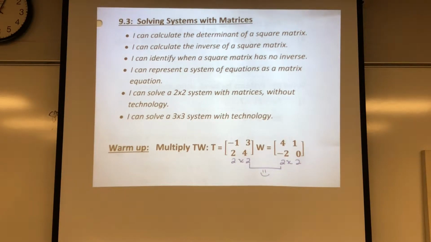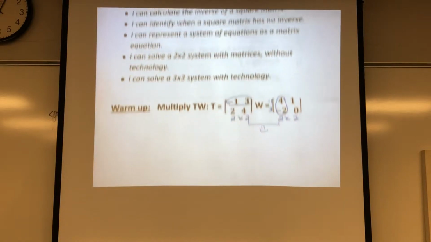you can. So we're going to take the first row times the first column in order to be able to multiply. So you can do it visually, or if you would rather write that first row next to it so that's right by the numbers that you're multiplying, that's fine too. We're going to take -1 times 4 plus 3 times -2.